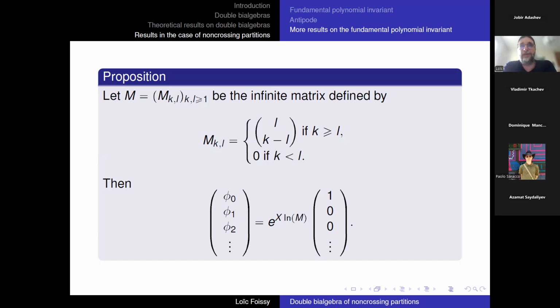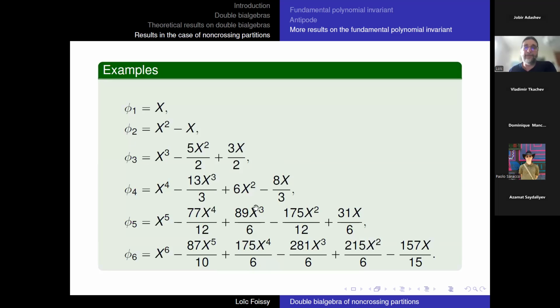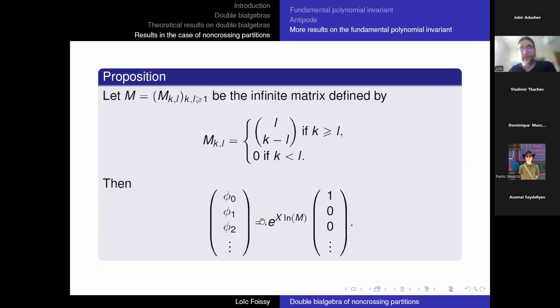And you can even do some formal series of M, for example this one. This is a formal series with a power X. This gives you an infinite triangular matrix with X in all these entries. And in fact, this sequence is the first column of this matrix.